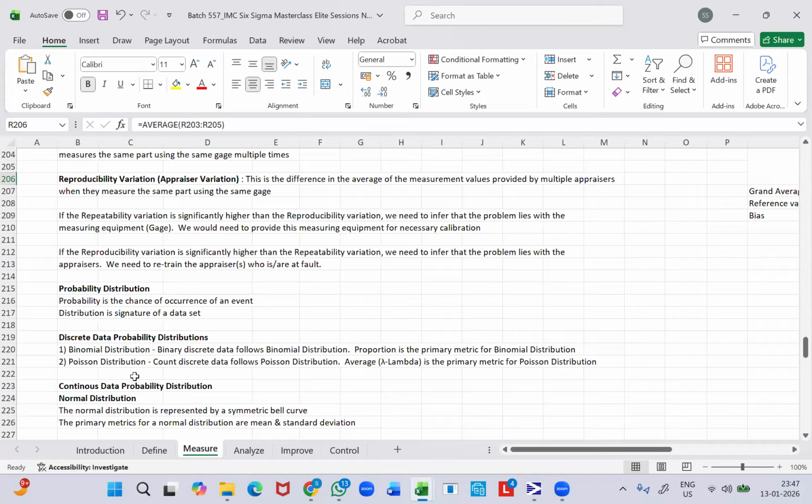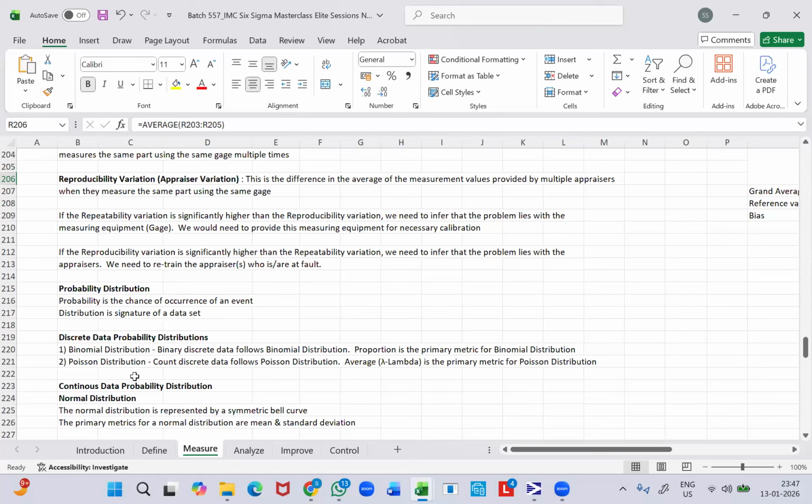So first and foremost, let us try to dissect this terminology, probability distribution. So what is probability? So as we can see, probability is the chance of occurrence of an event, right? Probability is the chance of occurrence of an event, and distribution is the signature of a data set. So if you have a data set, this data set will always follow a certain distribution. So distribution is the unique signature of a data set.